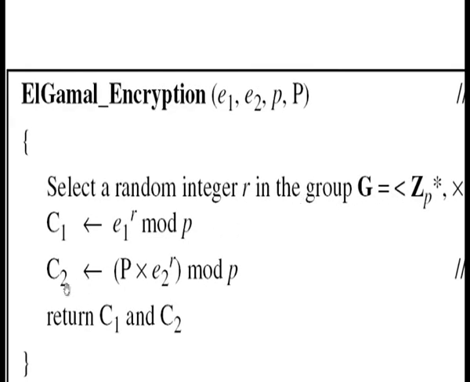Now they generate C2 from P into E2, where E2 is also sent by Bob to Alice, using the random integer r, which provides two ciphertexts C1 and C2.